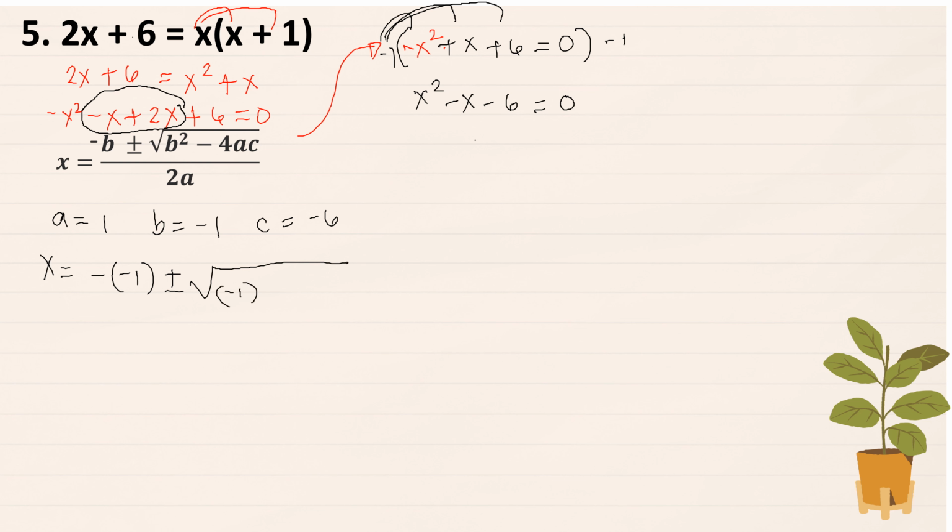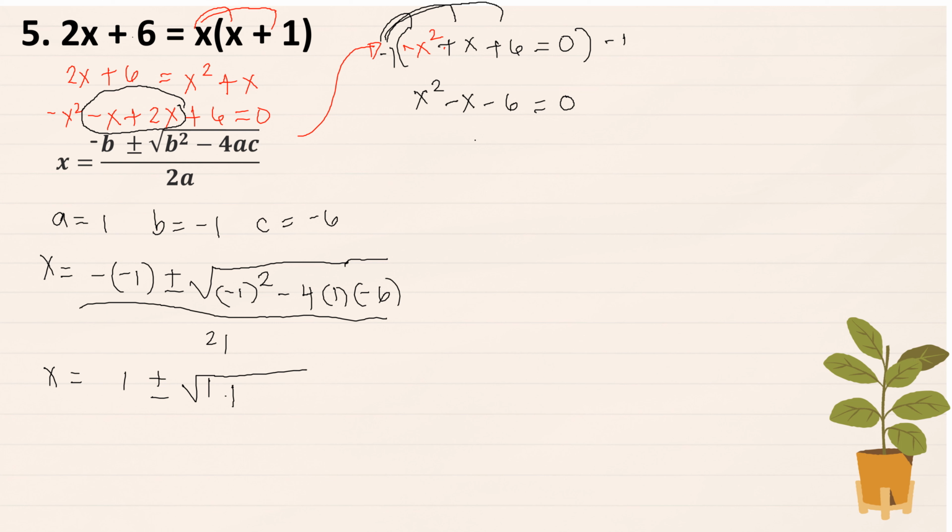I'm sorry, the B there is negative 1, so we will be squaring it, minus 4 times our A, which is 1, and our C, which is negative 6. And this will be over 2 times 1. So to further simplify, we have positive 1 and then the double sign and then 1. And negative 4 times 1 times negative 6 gives us positive 24, all over 2.